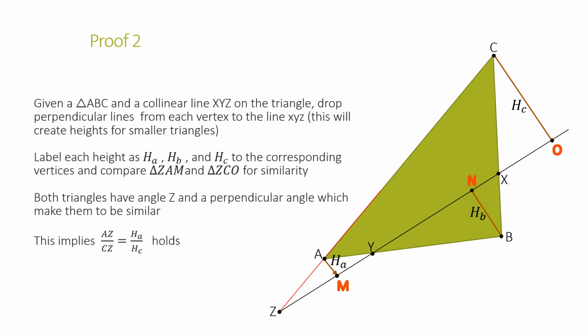This will imply the equation AZ over CZ equals the height of A over the height of C.